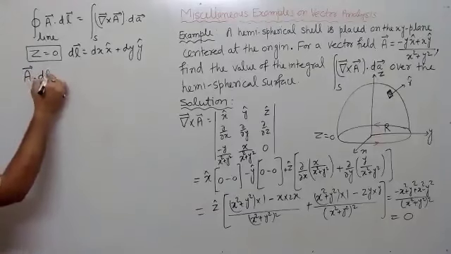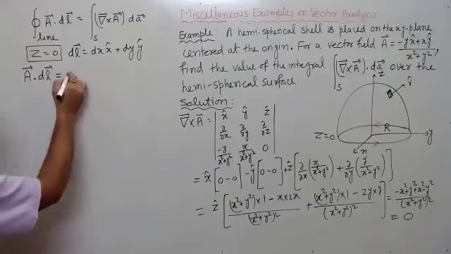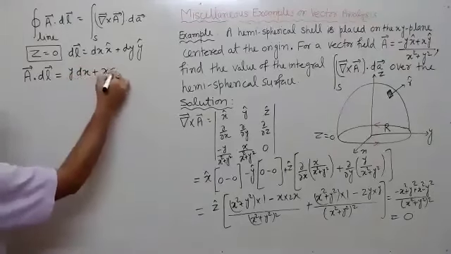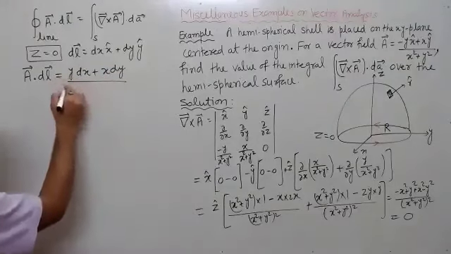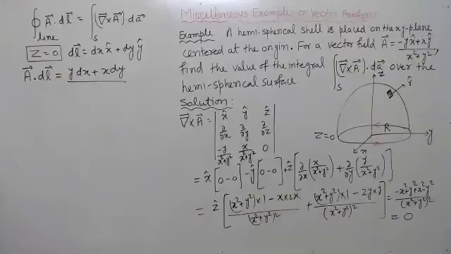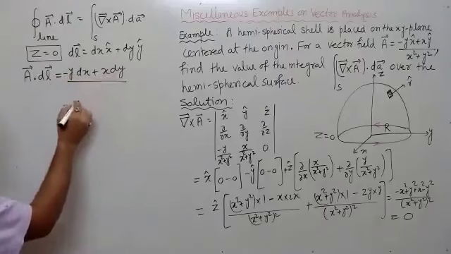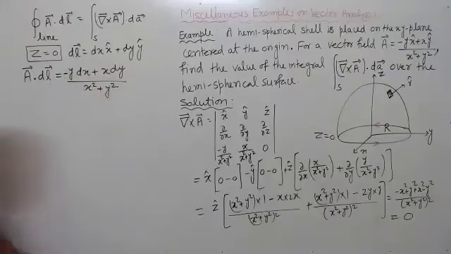So what will be A dot dl? It is minus of y dx plus x dy over x square plus y square.